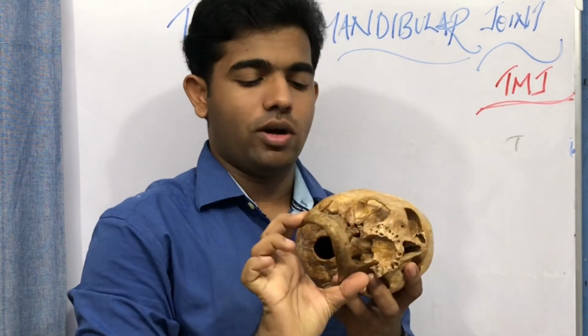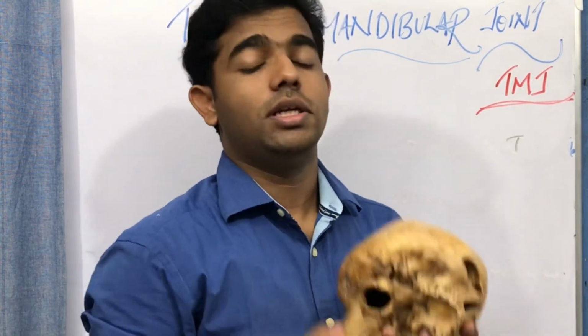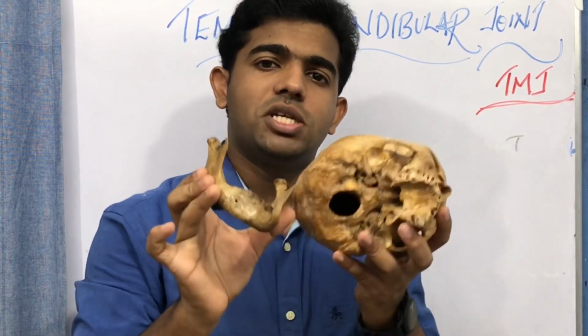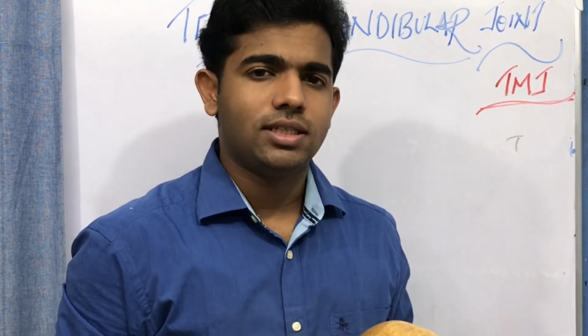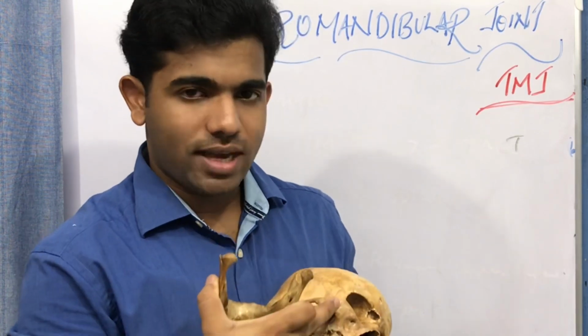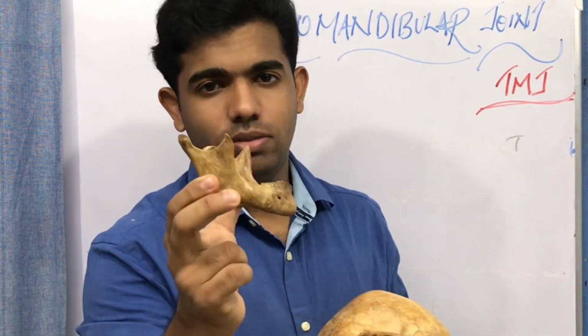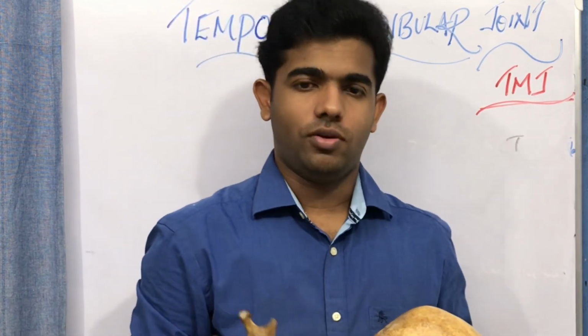These bones, along with another bone, the hyoid bone, are the ones that are closely related to the temporomandibular joint. Which ones are they? The temporal bone, the zygomatic bone, the sphenoid bone, the maxilla, the mandible, and sometimes the hyoid bone.